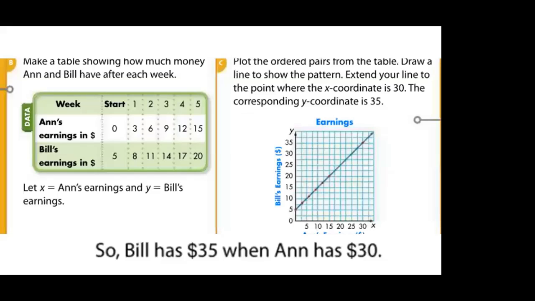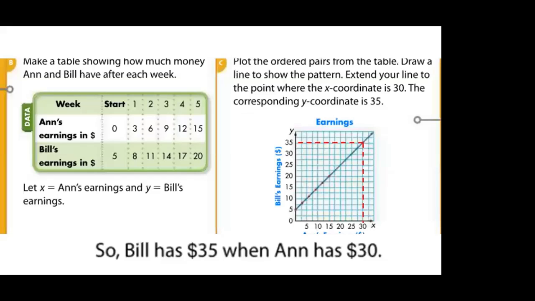So I'm going to draw a perpendicular to get the other value on Y. The corresponding Y coordinate will be 35. How can I do that? Let's see. This is the perpendicular I told you to drop from 30 to the extended straight line. So here, the corresponding one will be 35, as you see. So Bill has 35 when Ann has 30.